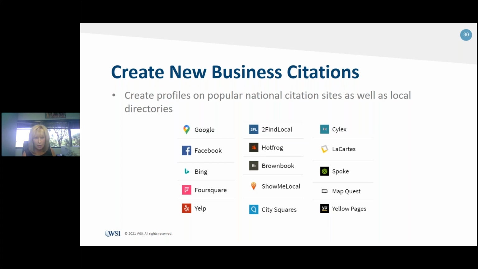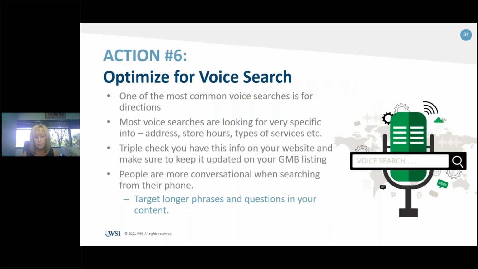You probably know what Yelp is and you may hate them, but putting your obviously correct business information into all these directories is going to help you. So run the check, get your address nailed down, and then use those citations and set up more listings.